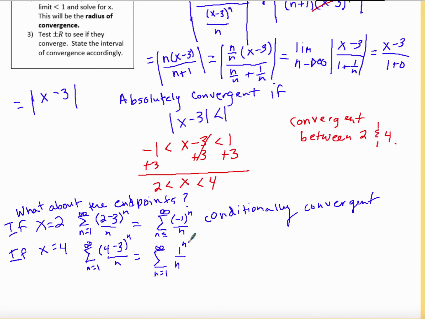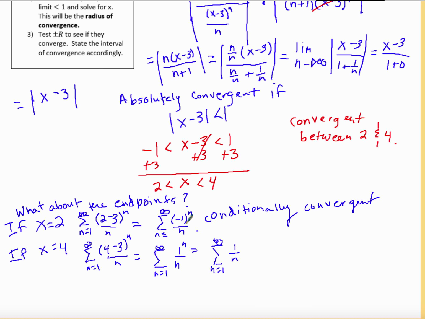And 1 to the n power, doesn't matter how many times you multiply 1 by itself, you're still going to get 1. So this is just 1/n, and this series is a harmonic series and it diverges.